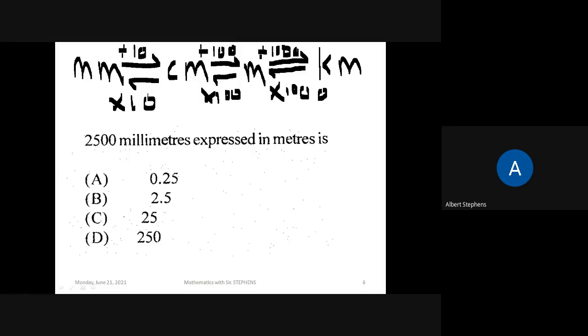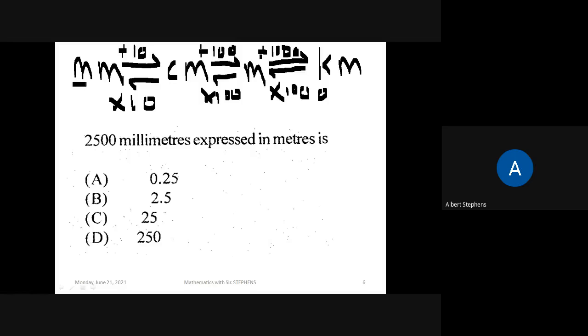So in other words, if I want to convert centimeters to millimeters, I will go to the left and multiply by 10. Suppose I want to convert millimeters to centimeters, I will divide by 10. What if I want to convert millimeters to meters? You first divide by 10, then divide by 100, or you just divide everything by 1,000.